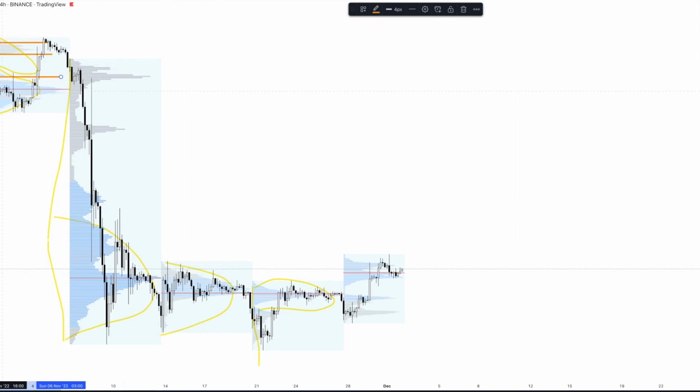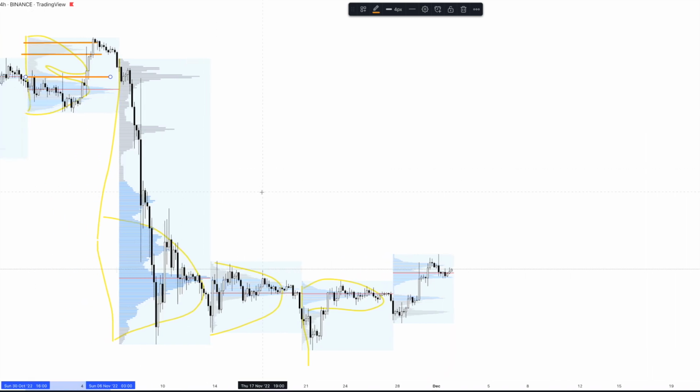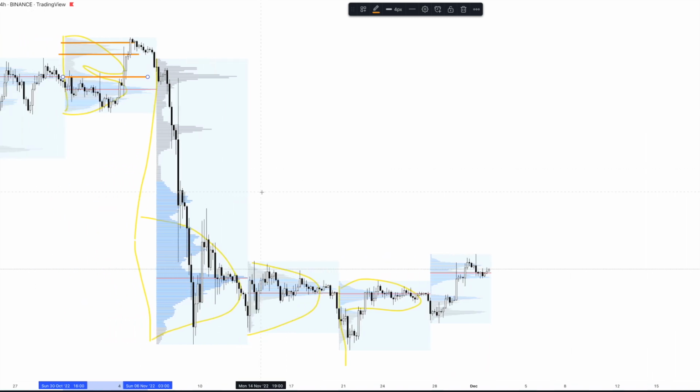You start off with this big B and you end up with a nice rounded profile. But if you accept back in this lower level, then you know price tried to move up, it failed, and you have a much higher likelihood of continuing to the downside, right? But that's basically it.